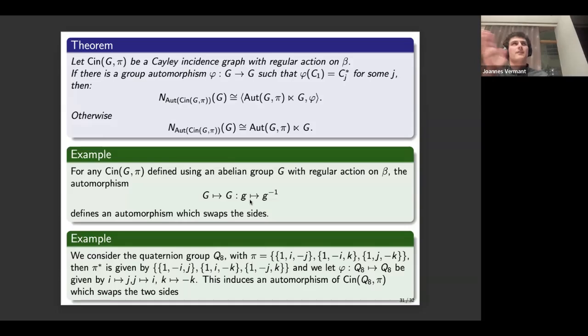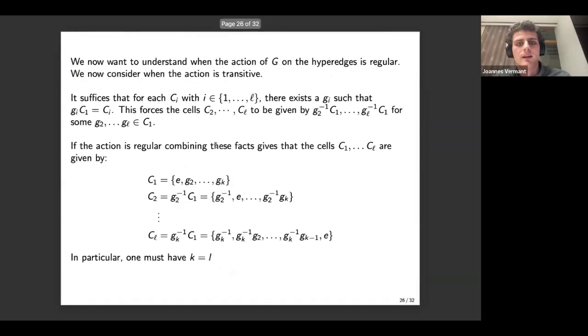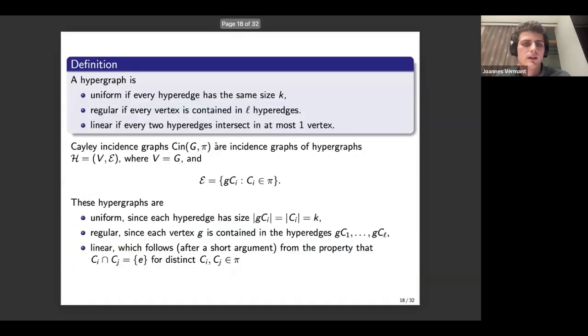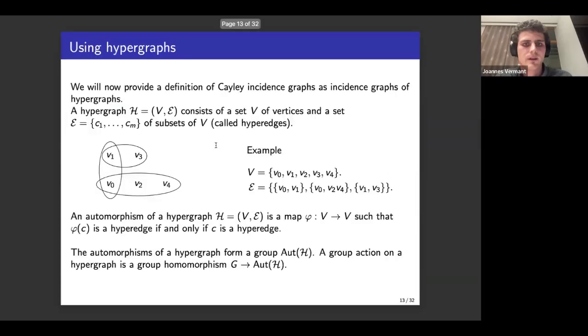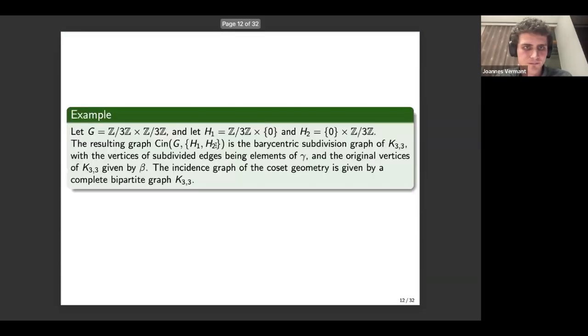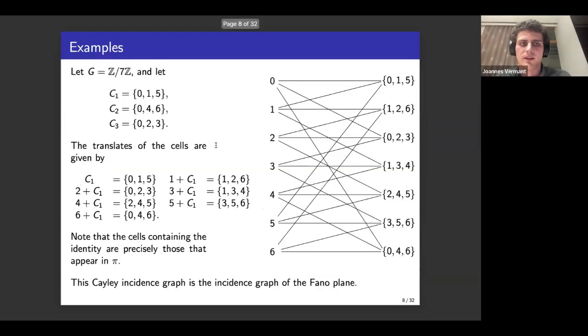Sorry, there is something I didn't define. If you have a Cayley incidence graph, we have a bunch of cells, C1 up to C3 here.